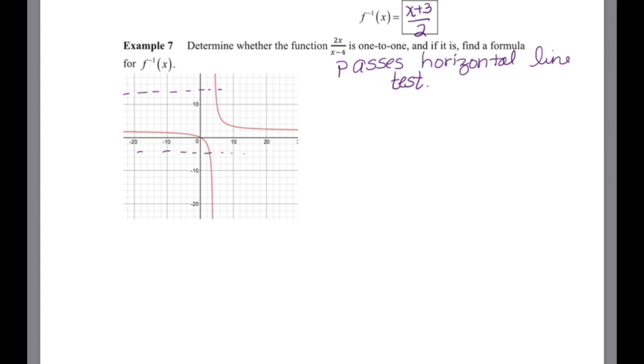We also could verify using functions, using our a and our b. I'll replace x with a. So is 2a over a minus 4, is that equal to 2b over b minus 4?